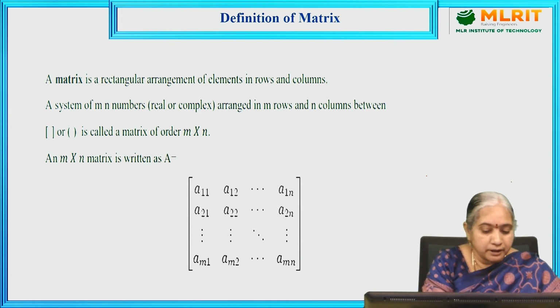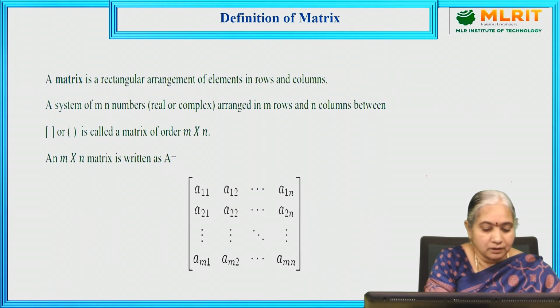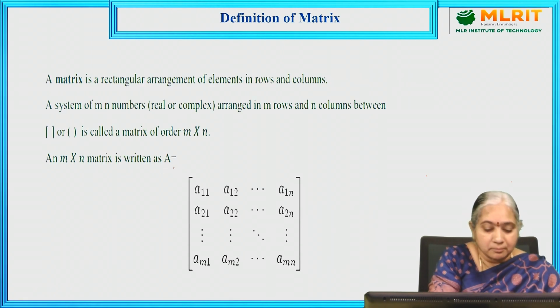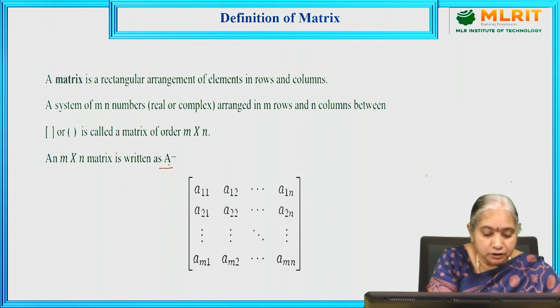See the example here. The matrix is denoted by capital A. In this example, the matrix A has the elements a11, a12, up to a1n, a21, a22, and so on up to a2n, am1, am2, and so on up to amn. So, these are the elements of the matrix A. The matrix is denoted by the capital letter A and its elements by small letters.